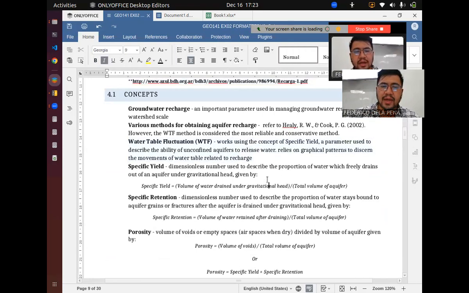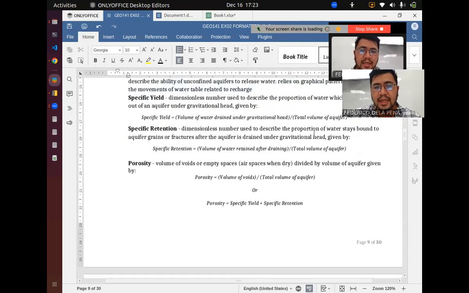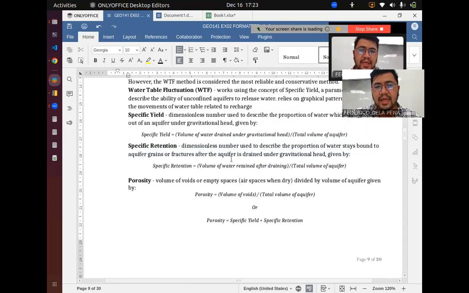We are gonna talk about the WTF, or the water table fluctuation method. Okay, this is not what the fuck method. It's water table fluctuation method. Okay, important concepts. One is the concept of a specific yield.